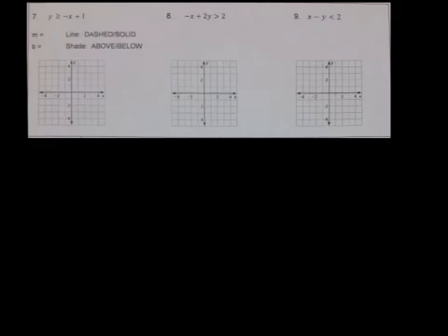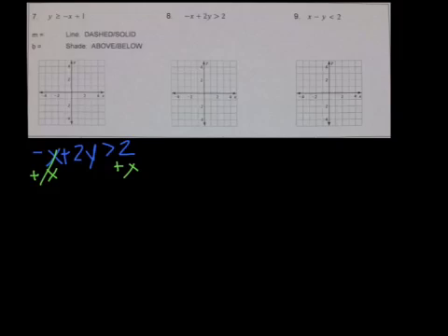Okay, I'm going to do number 8 with you because we've got to rearrange it a little bit. It needs to be in y equals order for us to be able to graph it. So I'm going to do that first. I'm going to rewrite it. We have negative x plus 2y is greater than 2. To get it in y equals form, the first thing I need to do is move over my x. So I'm going to add x to both sides of my inequality.